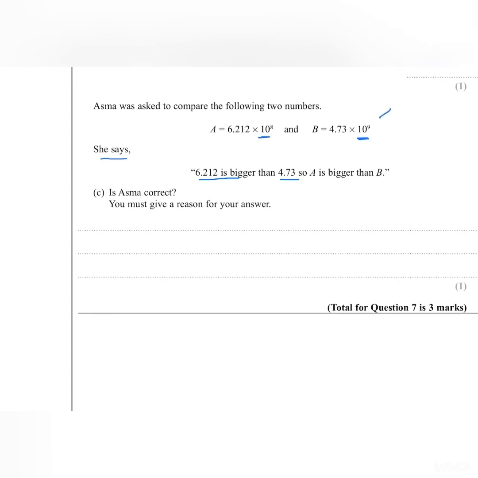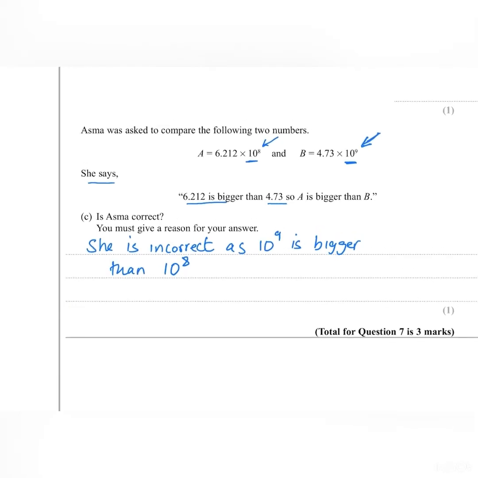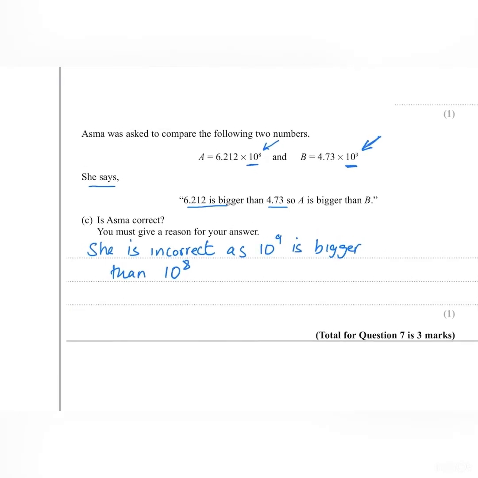This is 10 to the power of 9, and that is 10 to the power of 8. So number B is always going to be bigger because it's got one extra power of 10. Okay, so write this in, and that should get you all 3 marks for this question.